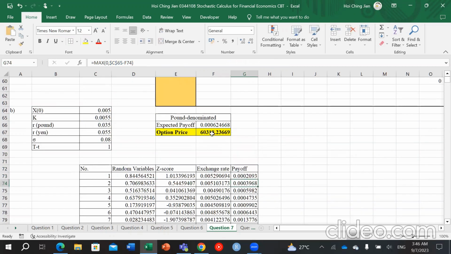After everything, we have to find the expected payoff, which is the average of all the payoffs. The option price is just the expected payoff multiplied with the exponential power of minus r pound times t, where t is 1. Of course, don't forget to multiply with the 100 million.